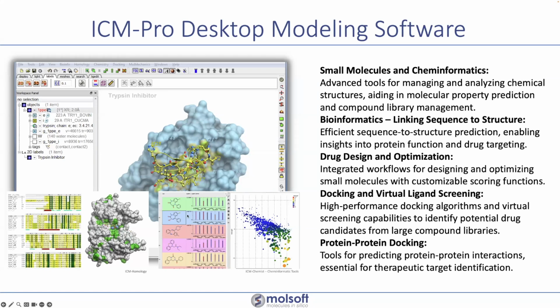There's also a whole suite of cheminformatics tools where you can calculate properties, generate multi-parameter optimization scores, generate combinatorial libraries, analyze SAR, and build 2D and 3D QSAR models. And then there are tools for docking and virtual screening, so you can dock small molecules, peptides, fragments, and do protein-protein docking.